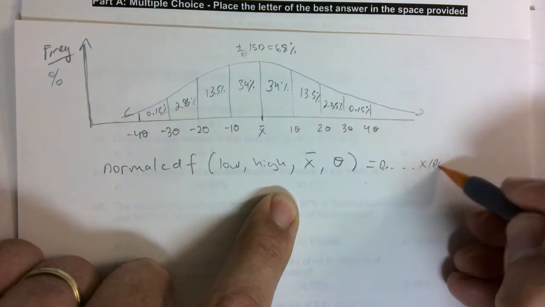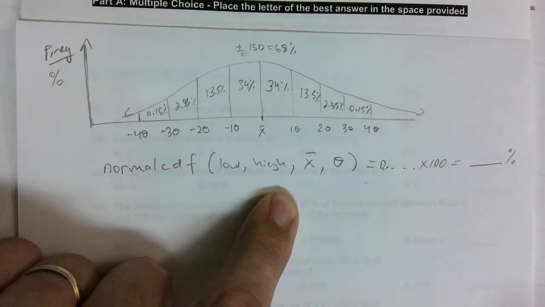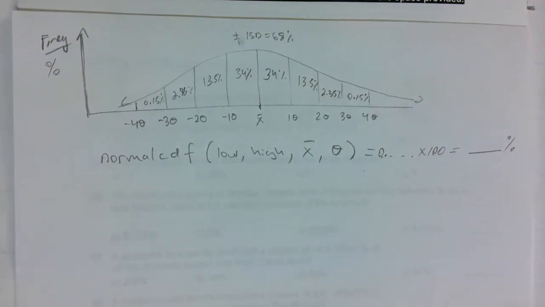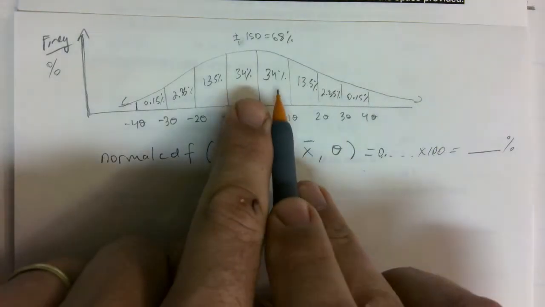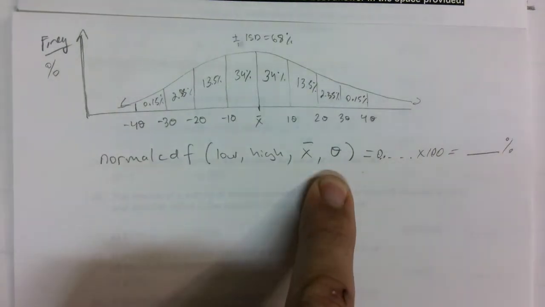If you multiply it by 100, you get the answer as a percentage, rounded to 2 decimals. So yes, these percentages that we write down are rounded, they're approximate. Normal CDF is very precise, very exact.